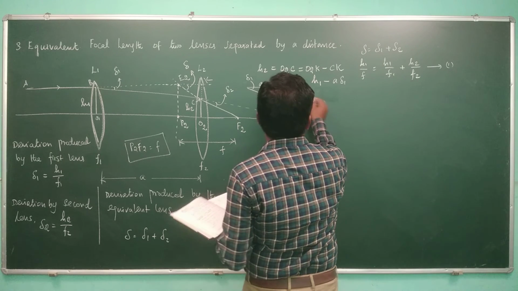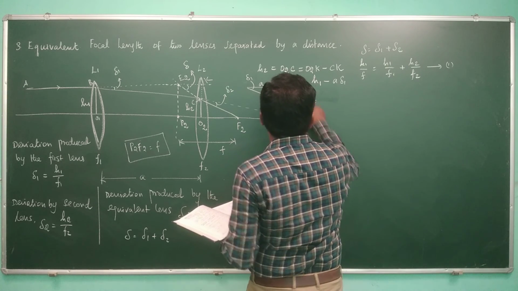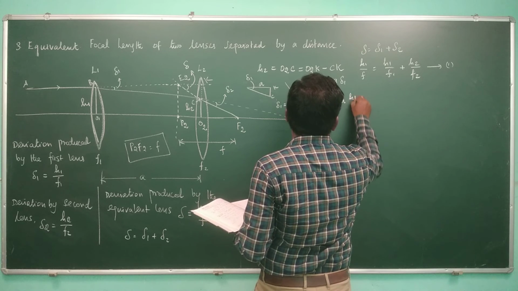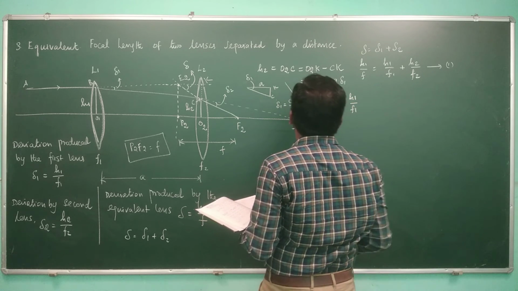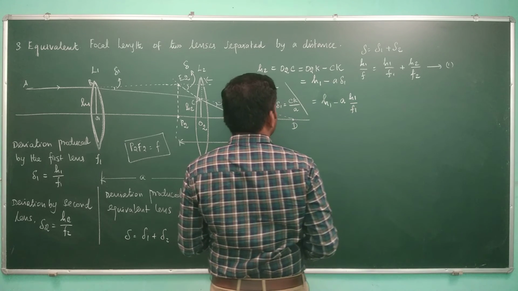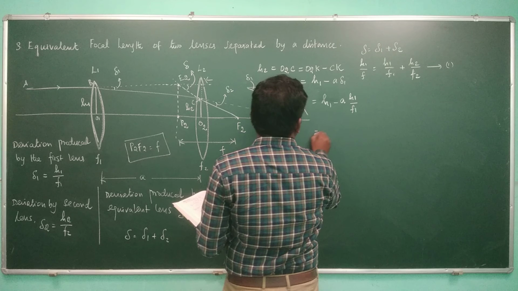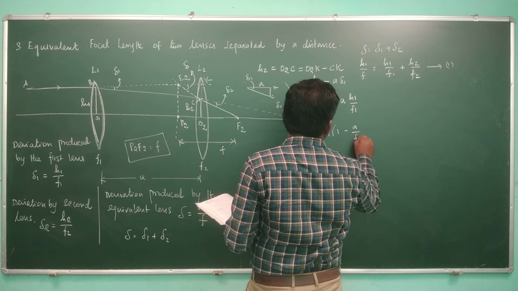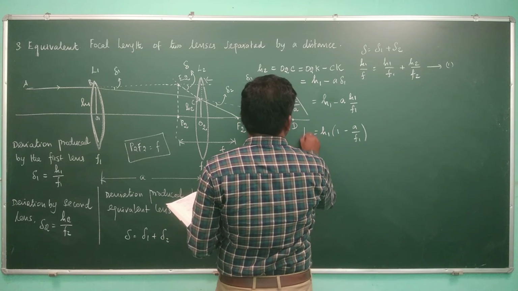Okay, so now this you can write H1 minus A times delta 1 is H1 by F1. So this you can write H1 common, 1 minus A by F1. This is nothing but H2.